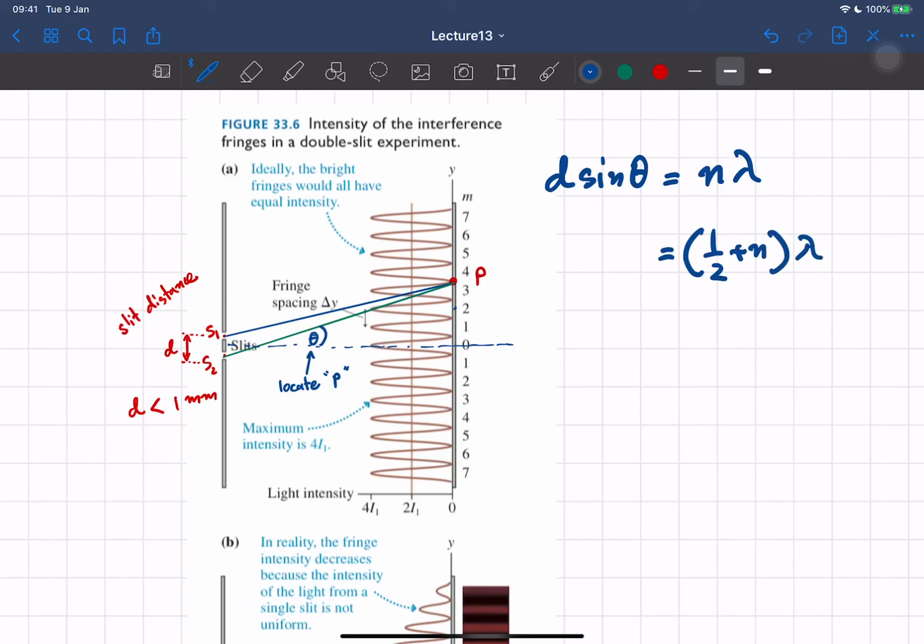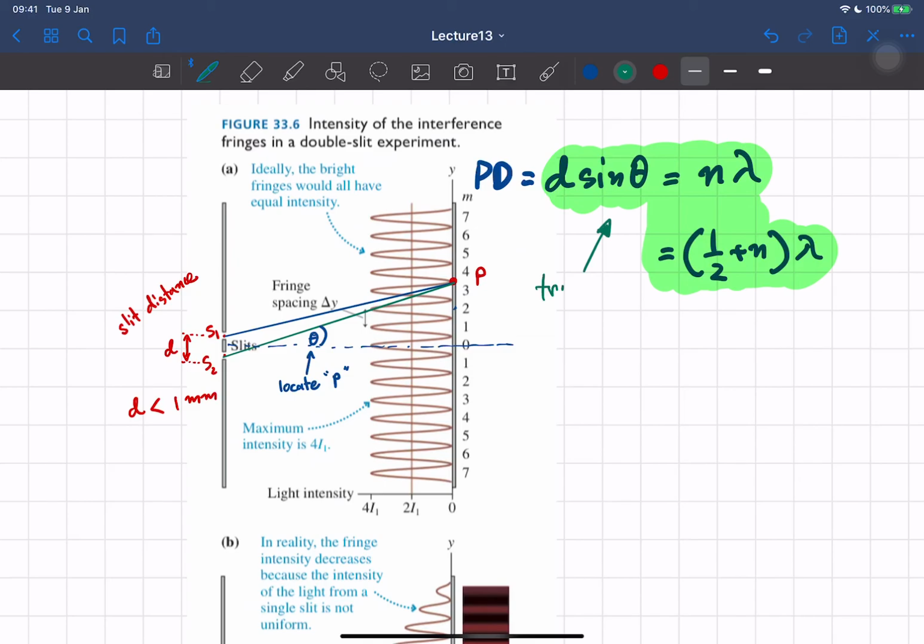Again, I'm just repeating what I said in the previous page. This is just the specific version of path difference equal to n lambda, or path difference equal to half multiple of lambda. But this expression here only applies for light wave, because remember, we need to do some approximation in terms of two lines being almost parallel to each other.